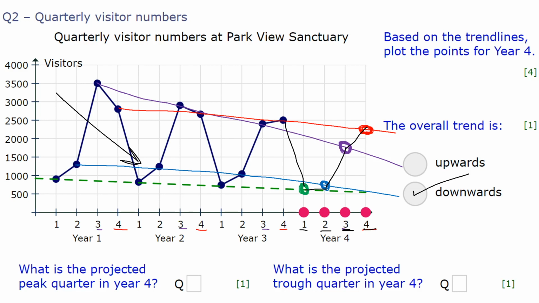It's the 4th quarter, isn't it? So the answer is just going to be Q4. And likewise, what is the projected trough of year 4? Which one is the lowest? It's obviously going to be number 1. And so that is how you plot and how you read time series diagrams.